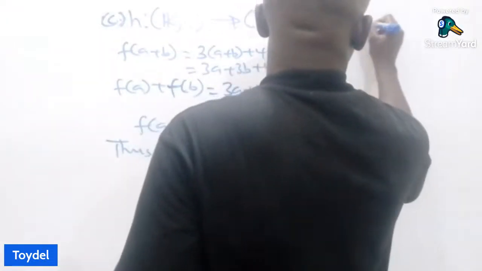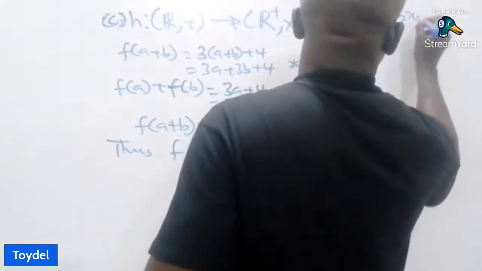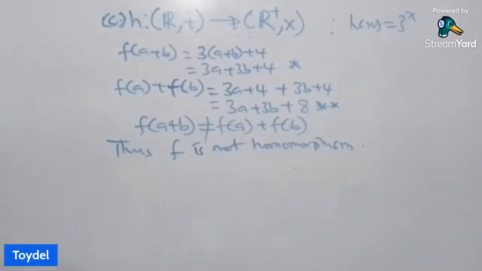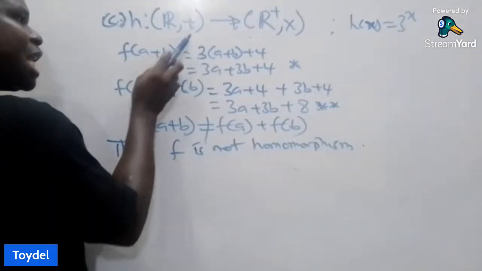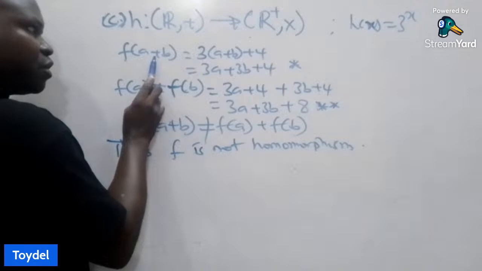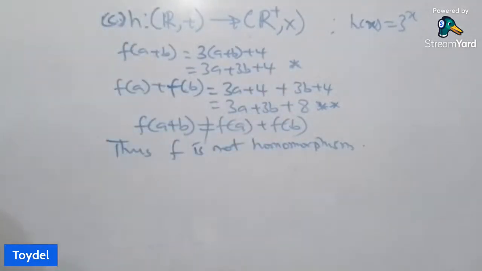Then h of x is defined as 3 raised to x. That's what we are given. We want to check if this is homomorphism. Look at here. At the left hand side, what we have here will be addition. Then this other one will be multiplication. They are not the same. You see the implication of what I'm talking about now.